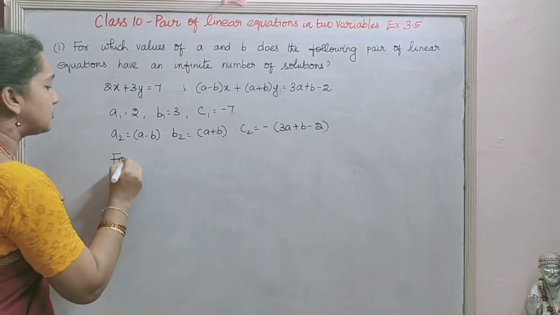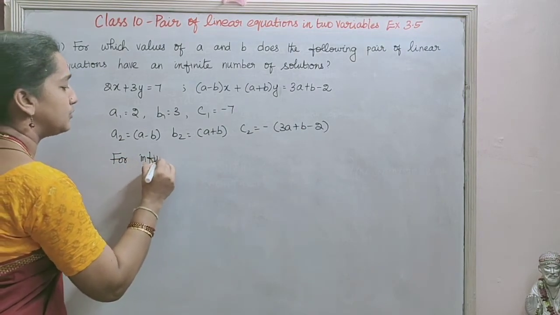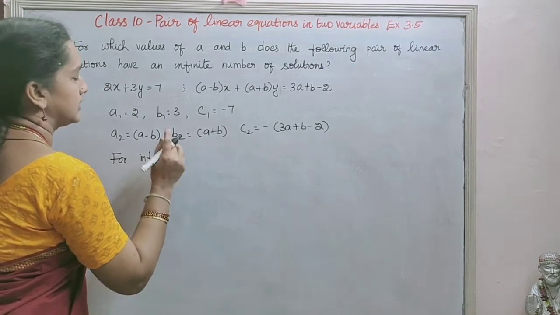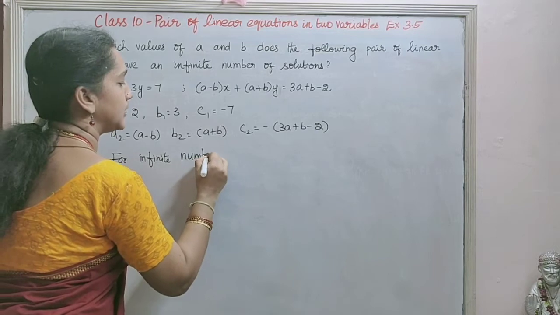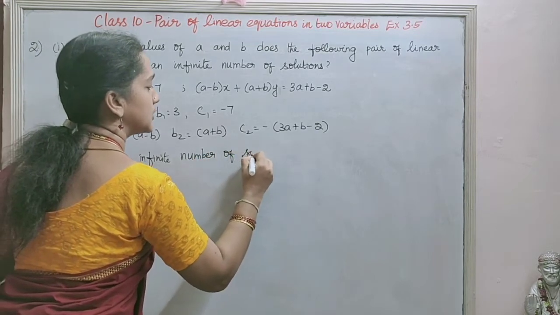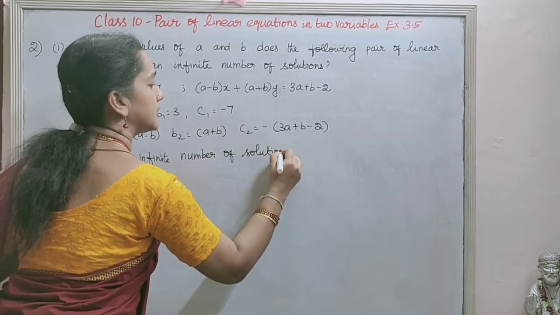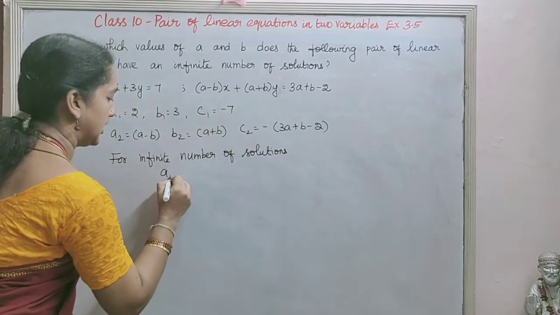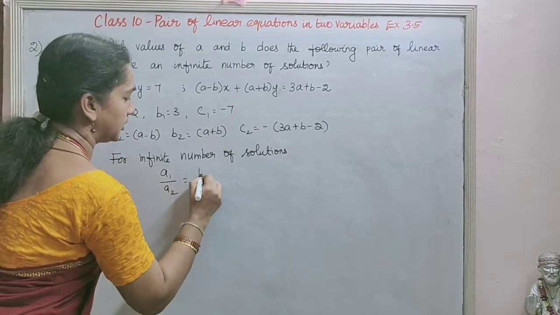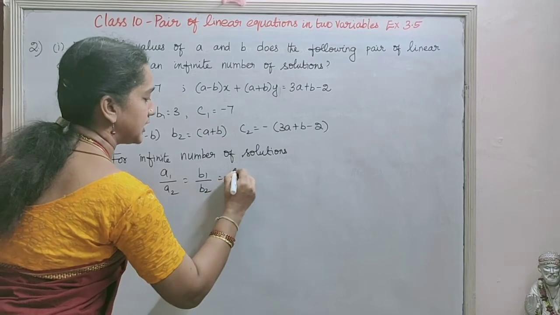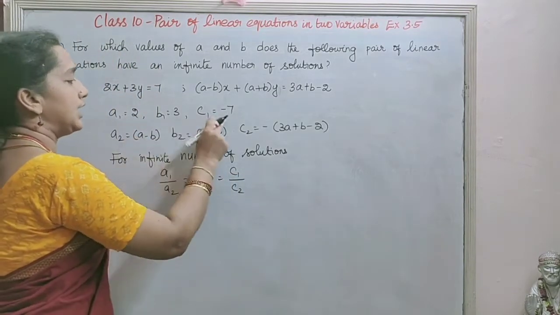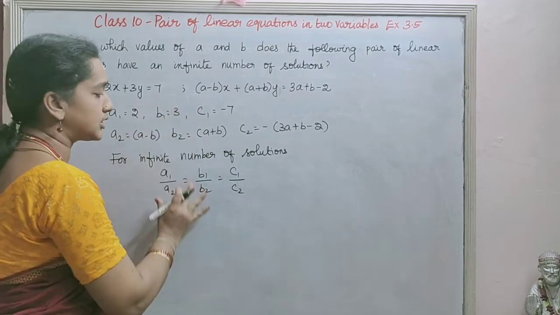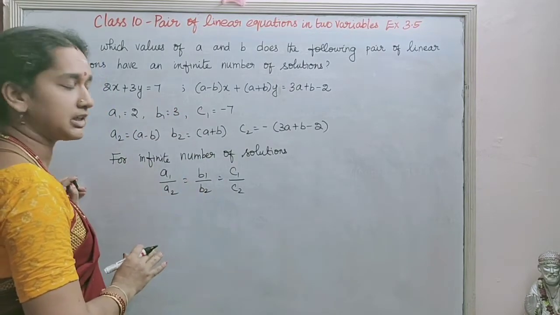So for an infinite number of solutions, the condition is a1 by a2 is equal to b1 by b2 is equal to c1 by c2. We got the values for a, b, c and all, so we will substitute these in the given condition.